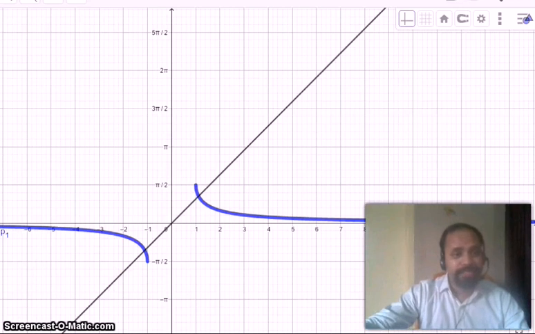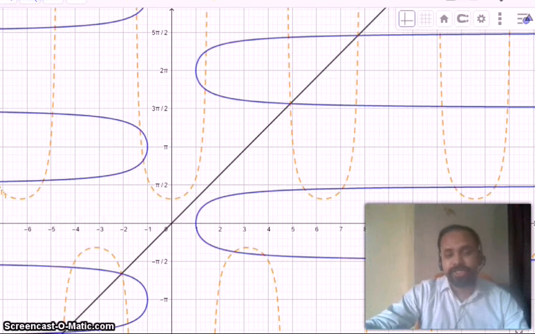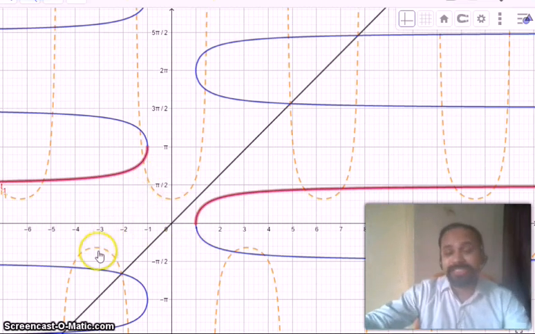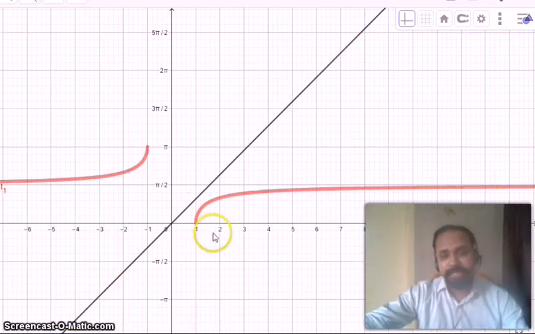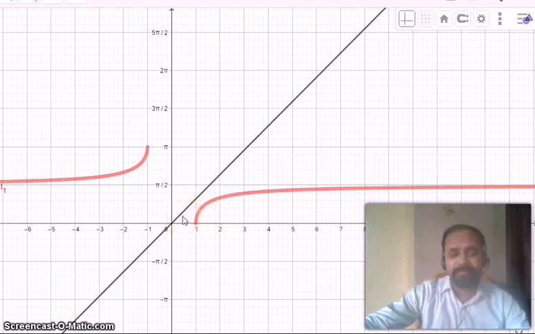Similarly, if we take sec x, it is this one, and again draw the reflection of this graph, and if we restrict the limit, then it will be from 0 to pi except pi by 2, because sec theta is not defined at pi by 2. Okay, so this will be the graph of sec. That means in all the graphs the method is the same.